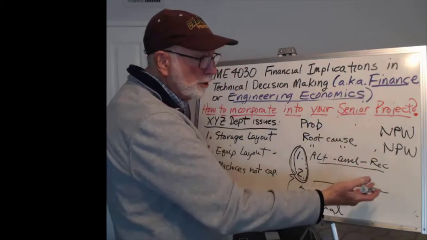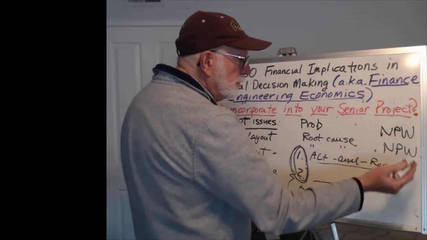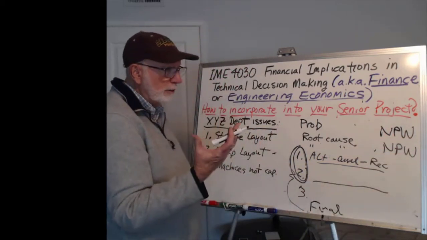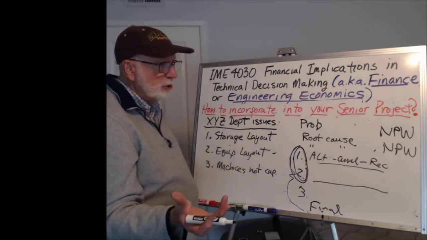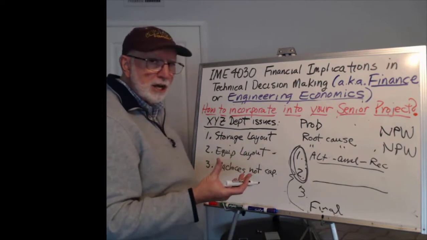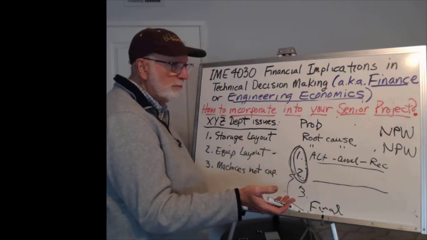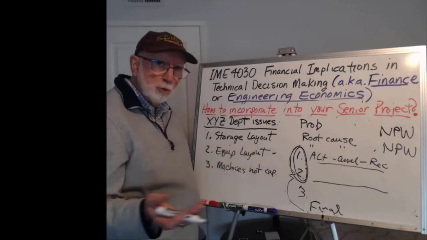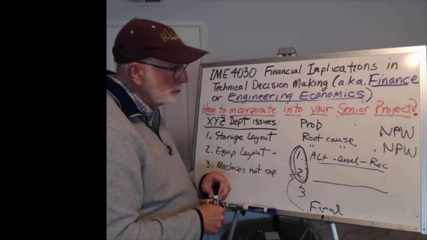You can have 3 alternatives and 3 net present worths, but I don't need to see your cash flow diagram. However, if your senior project advisor wants you to put the cash flow diagram into your presentation, then you do what they want you to do. So anyway, I hope that makes sense.